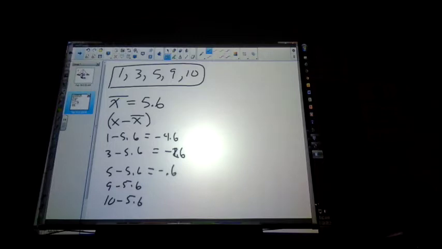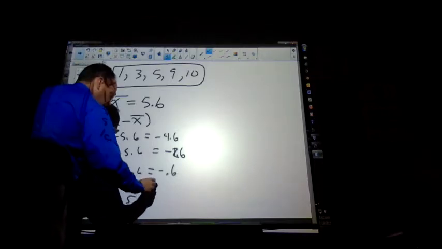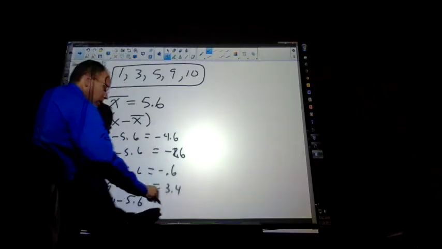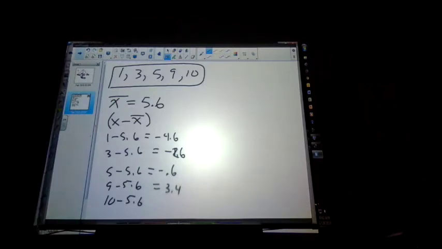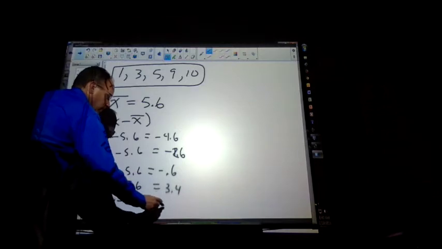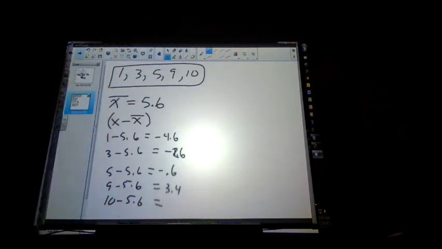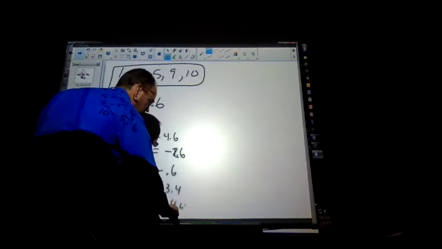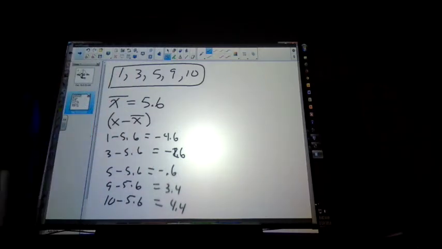How much? 3.4. What do we know about this? It's to the right. Why is it to the right? What tells us it's to the right? It's positive. And 10 minus 5.6. How much? 4.4. So 2 of these values are to the right of the average, and 3 of them are to the left of the average. You still with me on this situation?